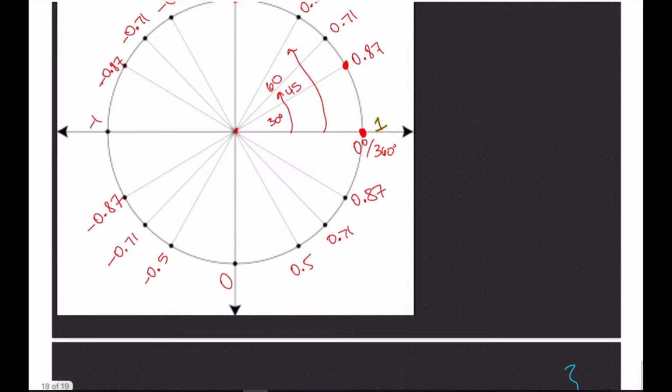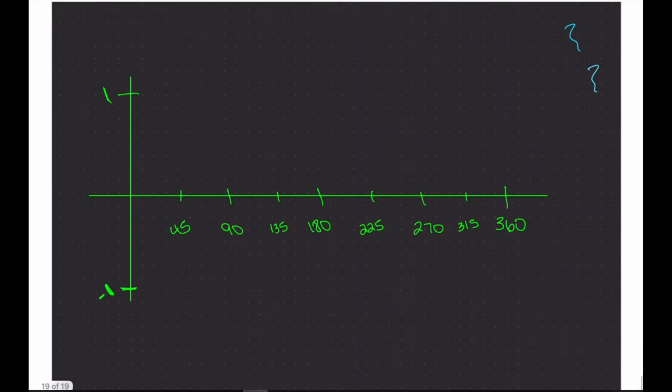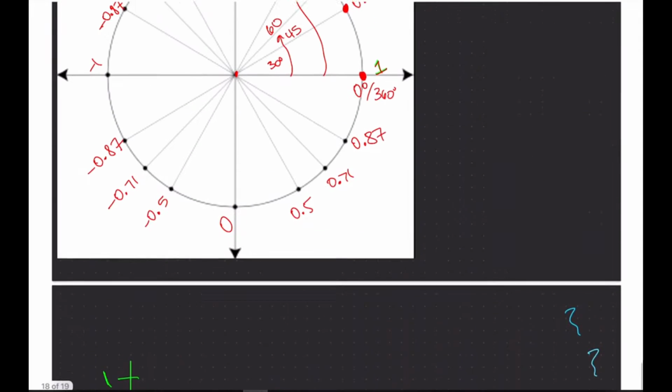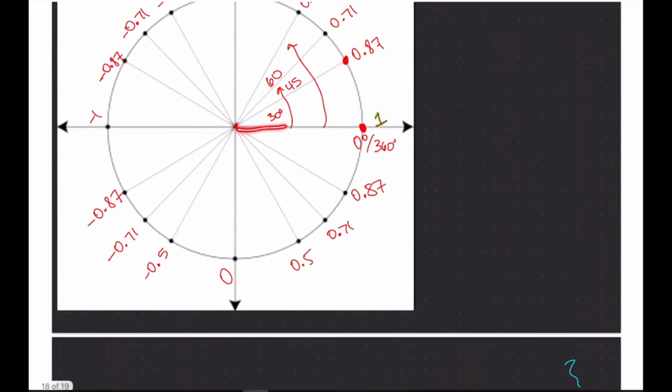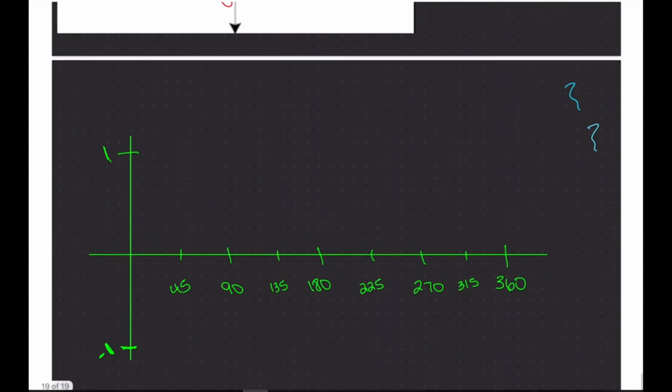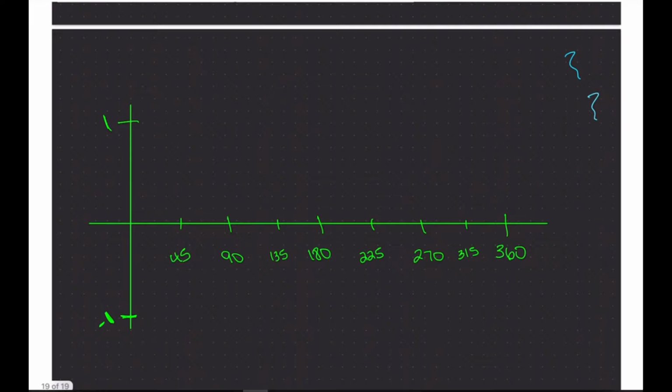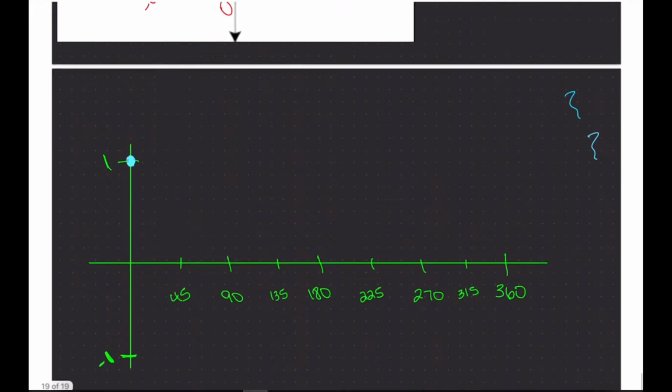So right here would be 0 degrees. At 0 degrees, what was our x value? 1. Yep. So at 0 degrees, we're at 1. The next tally I put on there was 45 degrees.